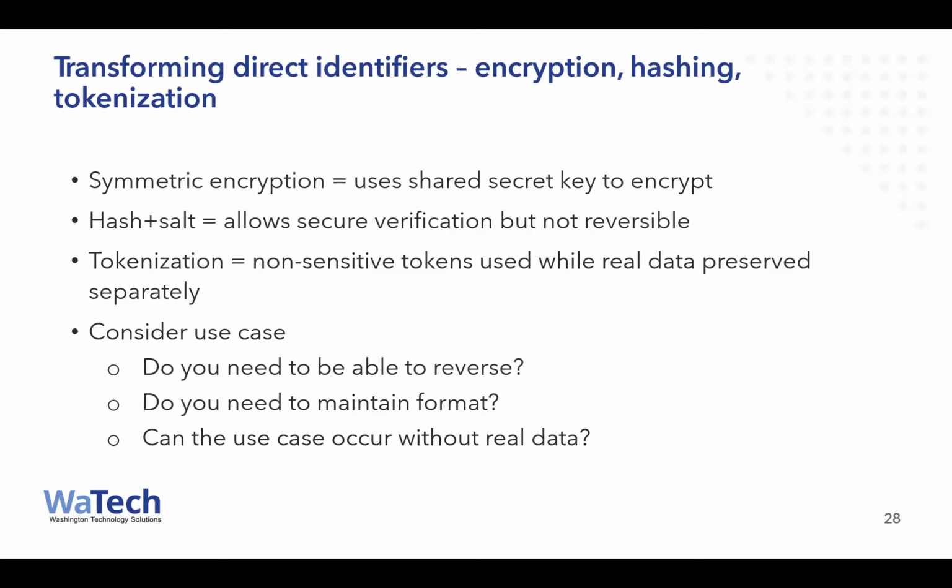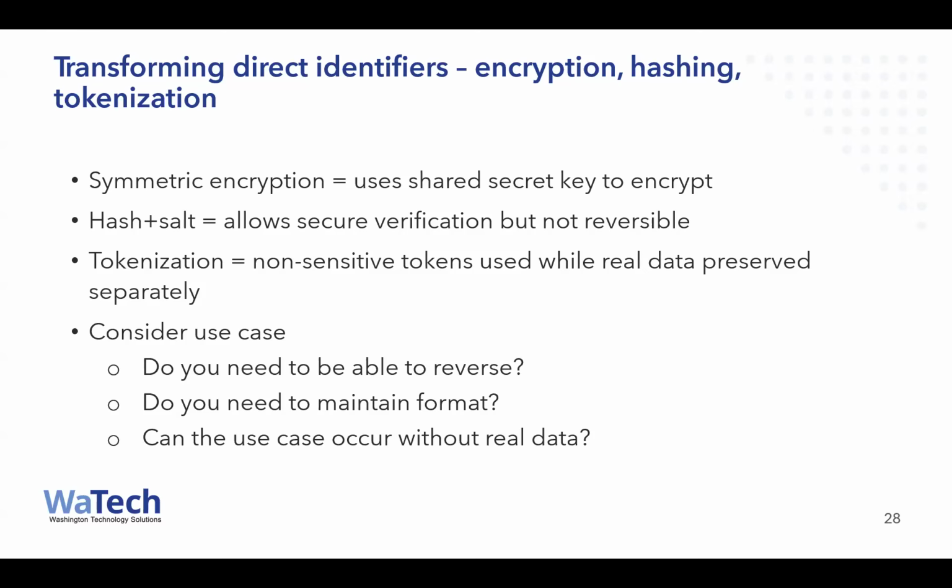One question to ask at the beginning is, do you need to be able to reverse it? If you do, symmetric encryption is more likely going to be the thing that you want to look at, although tokenization can also help. You're going to need access to the vault or wherever else that real data is stored, but it is reversible, whereas using the hash and salt is not.